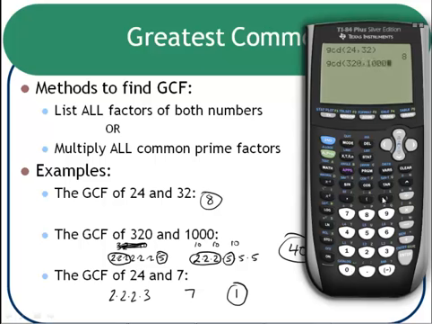I'm probably going to get all sorts of hate mail now on my YouTube account from Texans that happen to be watching, and they get all mad because I'm mocking their accent and divisor. Anyway, GCD of 320 and 1,000 is 40, just like we calculated. And if we did this again with 24 and 7, you'd see that you get out a 1.